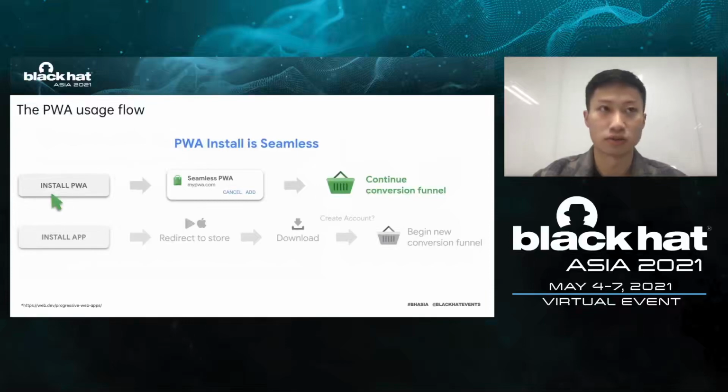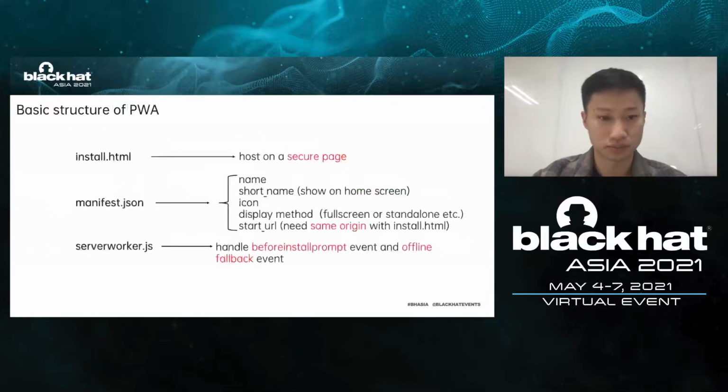If you logged into a website before, traditionally, if you want to open it in an app, you need to install the app and log in again. But with a PWA app, if we click install, you don't need to log in or authorize again. There is a basic structure of a PWA app.